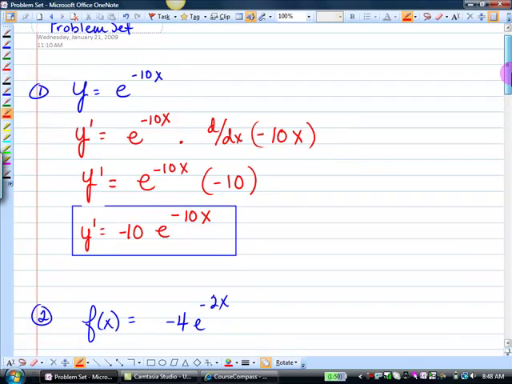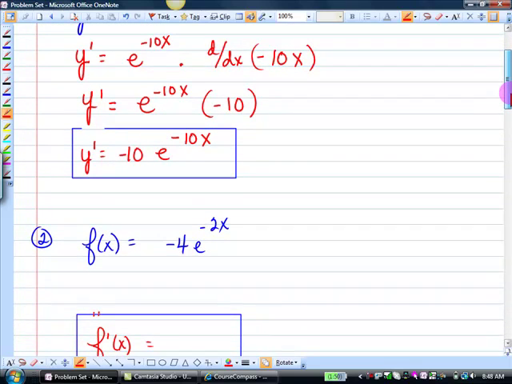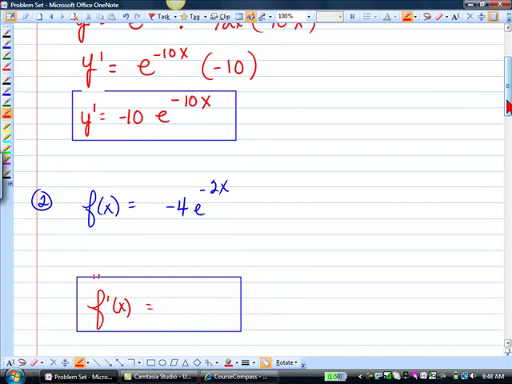Okay. Questions? Is that okay? Okay. Number 2, f of x equals negative 4 e to the negative 2x. So remember, you write the original just like it is.